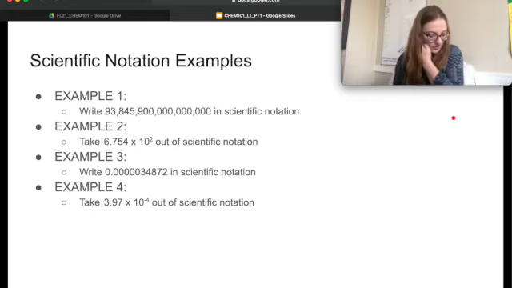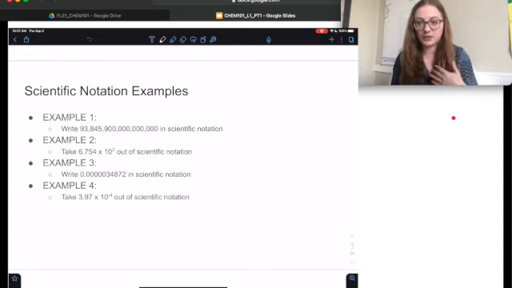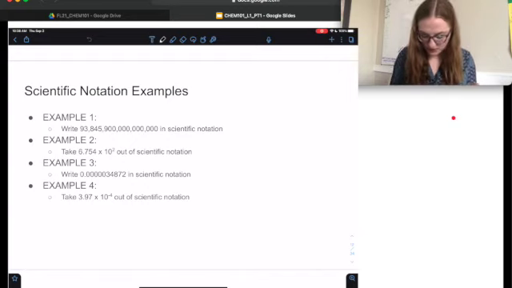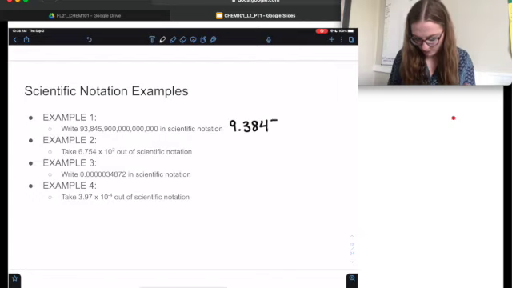So on example number 1 here, we have a really big number, and we're going to try to put that into scientific notation. Remember, the first step is always to make sure you write the number so that it looks like a decimal between 1 and 10. So this would be 9.38459.